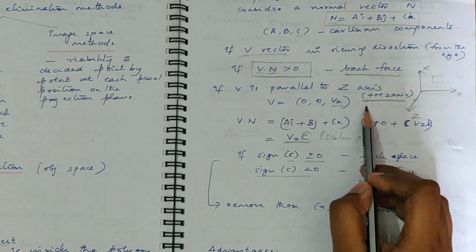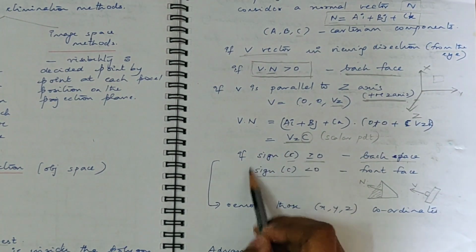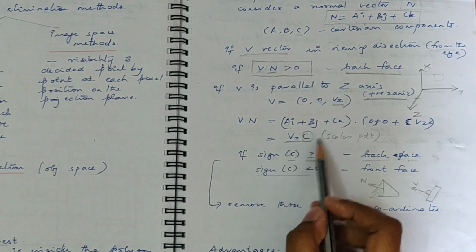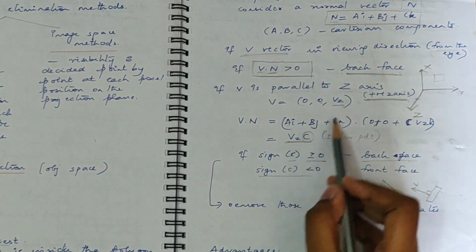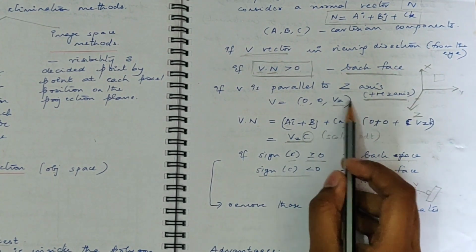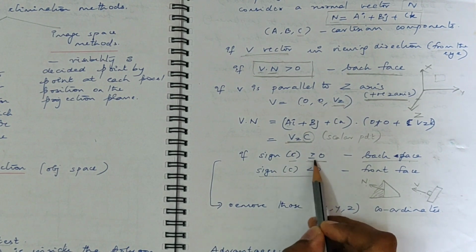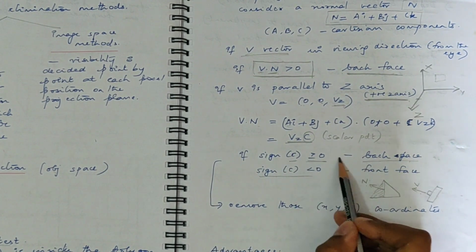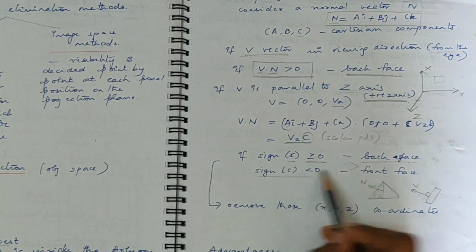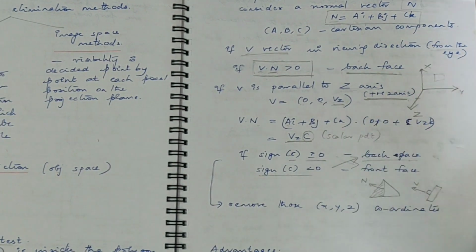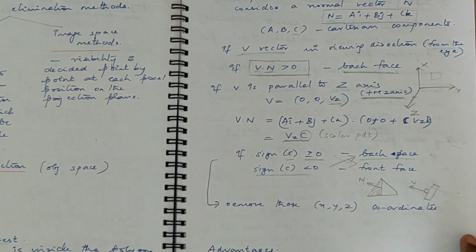If it is along the negative z-axis, then this condition will be reversed. You are going to get a negative value for the z value, so if the sign of c is greater than or equal to 0, it will become a front face, and if it is less than 0, it will become a back face when viewing along the negative z-axis.